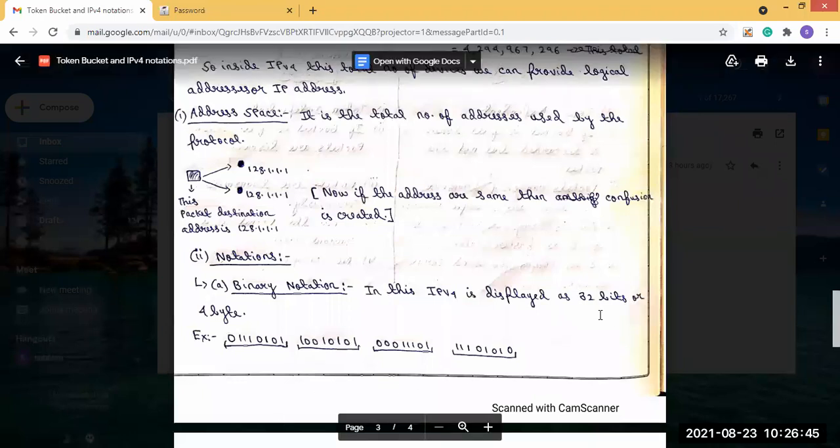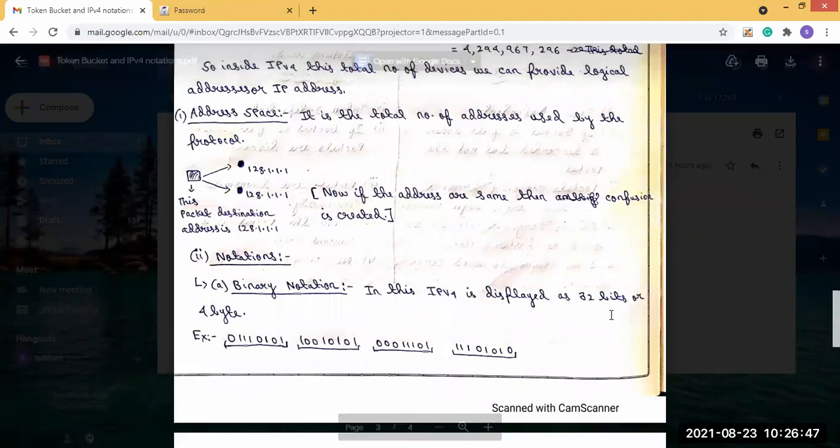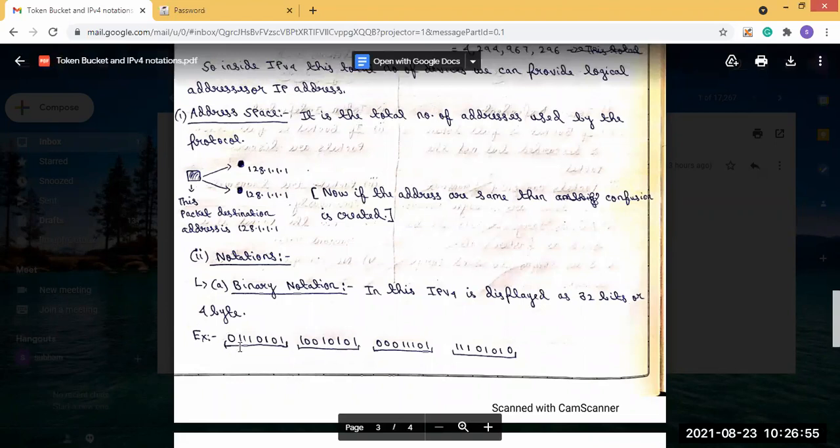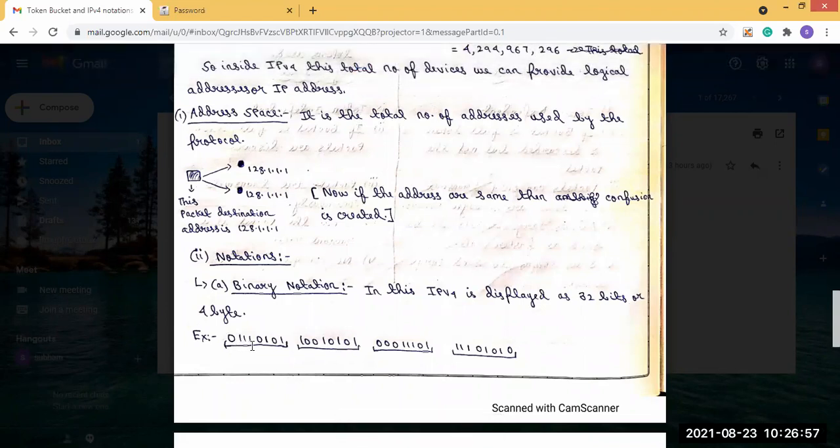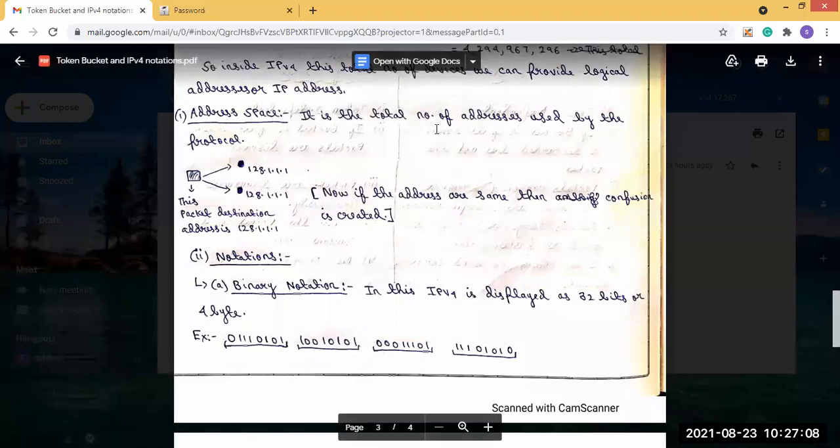So 32 bits means, we already know, 1 byte equals 8 bits. So you can see 01110101 10010101 and so on.